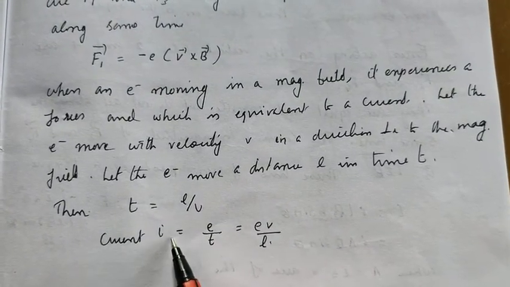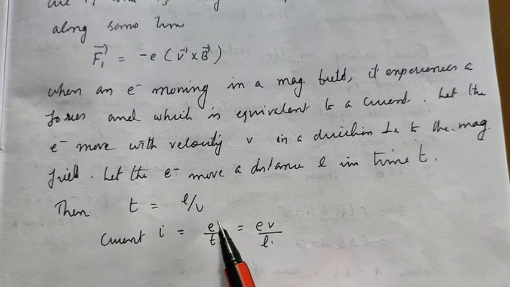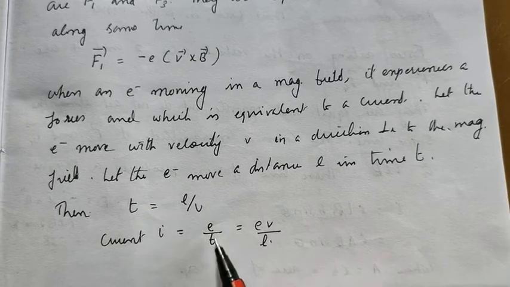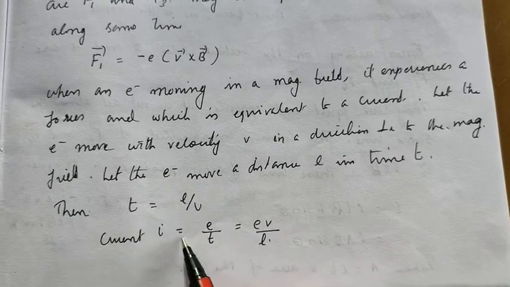So the current can be written as I is equal to e by t, that is charge by time.